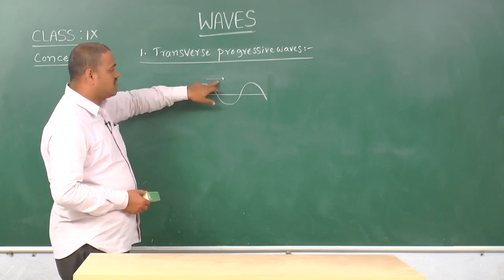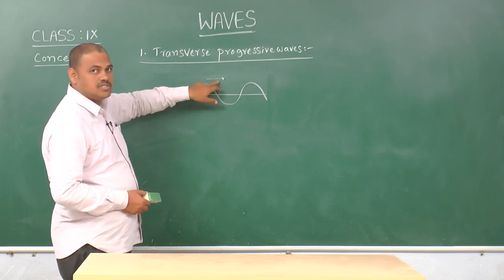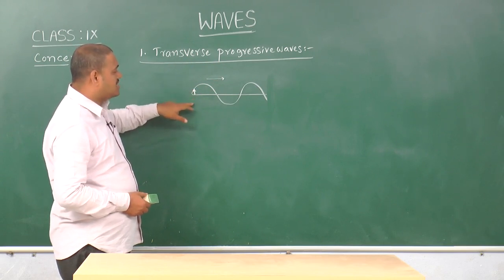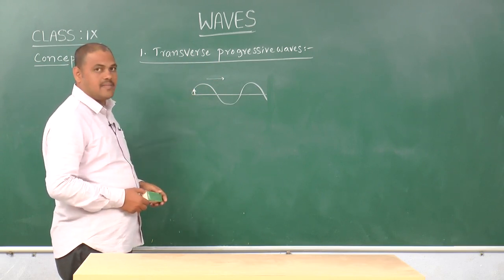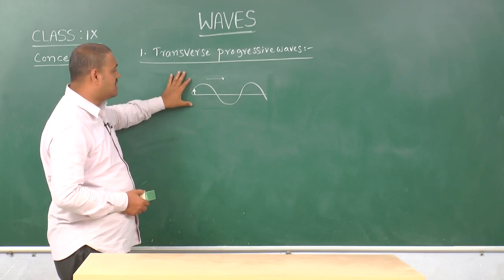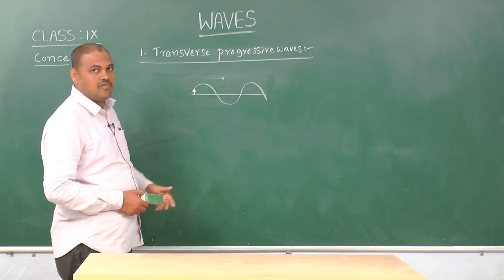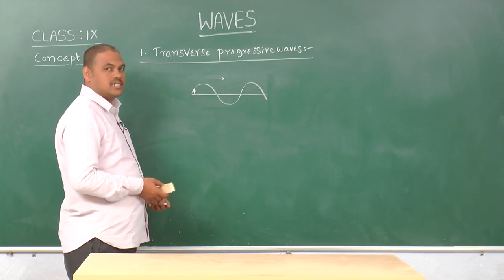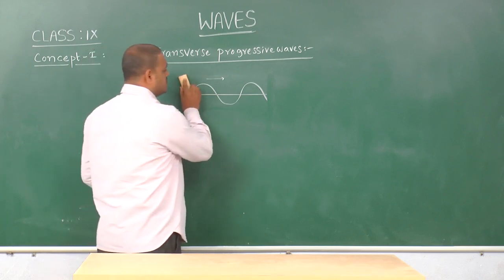The wave is moving along the positive x-axis. The particles of the medium are oscillating in the y direction. That means their oscillations are perpendicular to the direction of wave propagation. These types of waves are called transverse progressive waves.